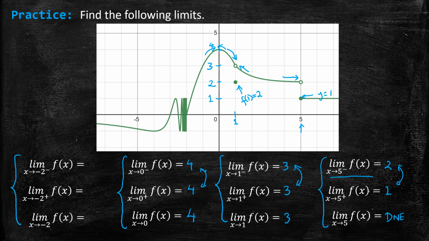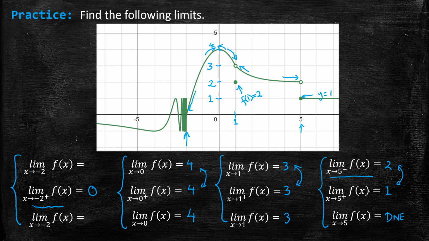Finally, let's go back to x equals -2, which is right here. And let's do this one first from the right. So as we come down the function from the right of x equals -2, it's pretty clear that we're approaching 0. But what's happening from the left?